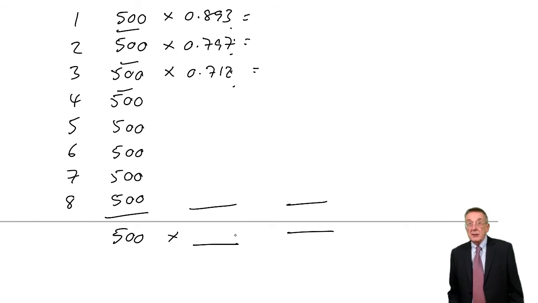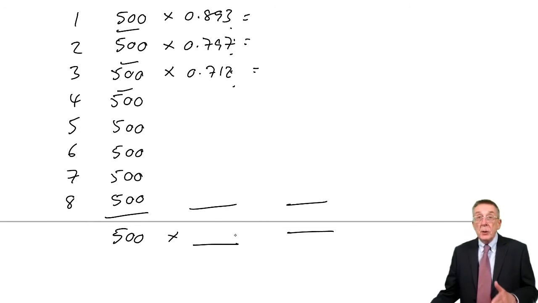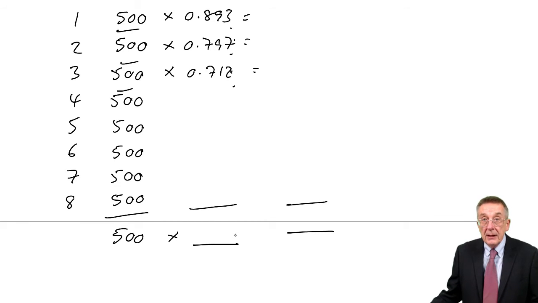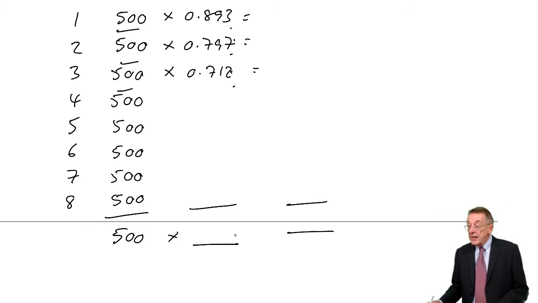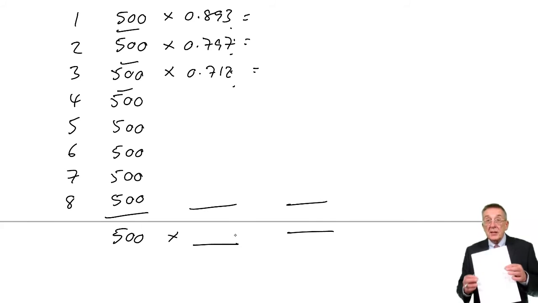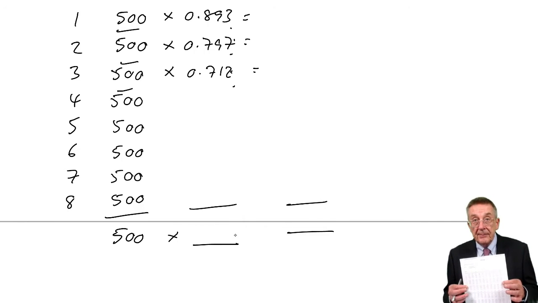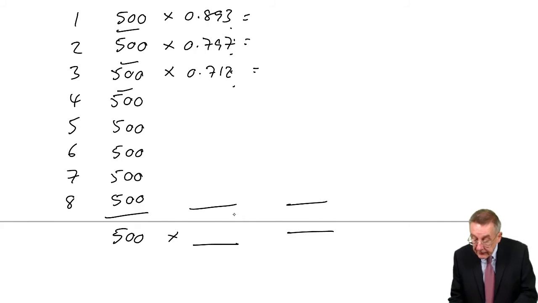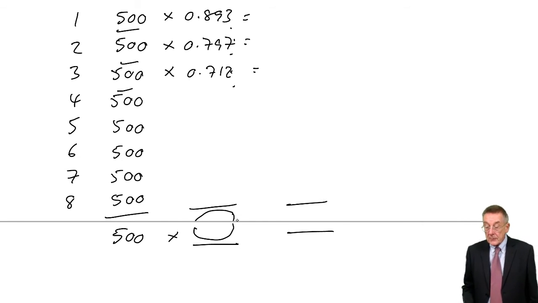Well, that may not seem to save much time, but because it's quite a common exercise, there's another set of tables you're given in the exam called the annuity tables, which will give you the total of the discount factors at any rate of interest for any number of years.